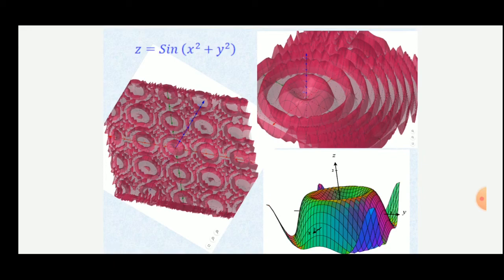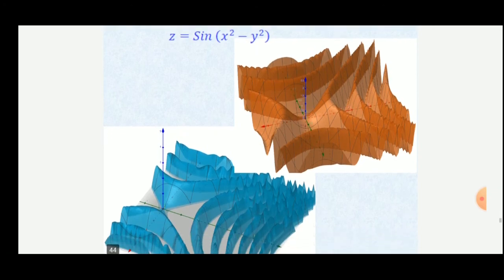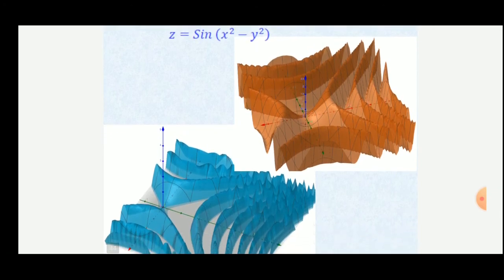The next is z equal to sin of x square plus y square. So this is a beautiful graph, like a flower. Sin of x square plus y square. The next one is sin of x square minus y square. Visualize and try to find the domain.